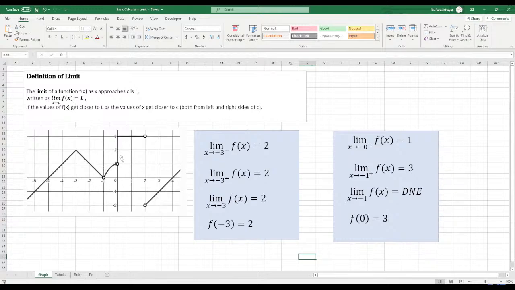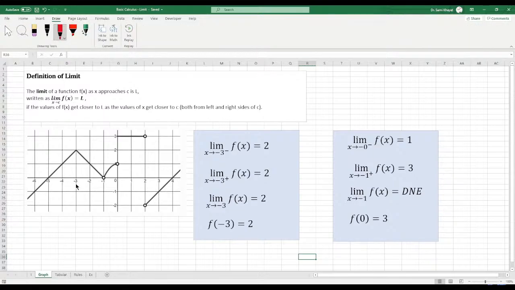Let's talk about this graph, okay? This is a function, and we will see if there is a limit at a certain point. This is the first example. We want to test if there is a limit at x equal to -3. This is the limit of x approaching -3.